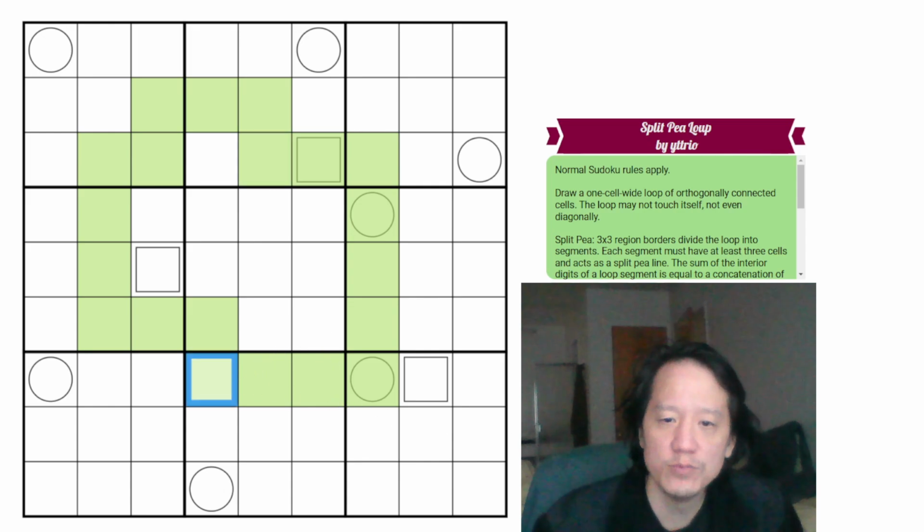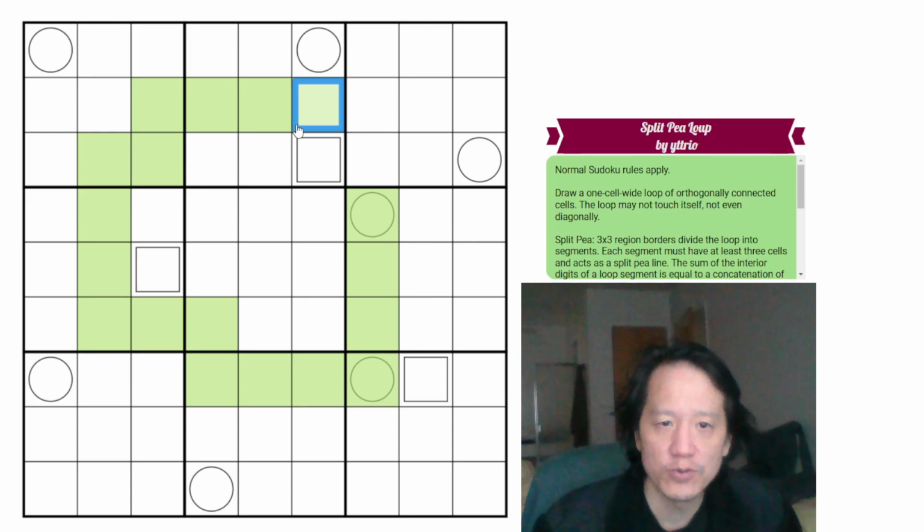If you were to remove something, so say you were to move, I don't know, this one would no longer be orthogonally connected, so therefore it would not work as a loop because these only touch itself diagonally. In addition, you cannot have it touch itself. It cannot touch itself even diagonally.